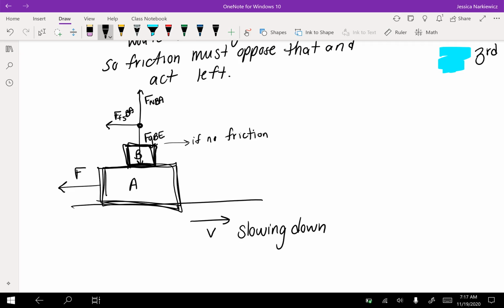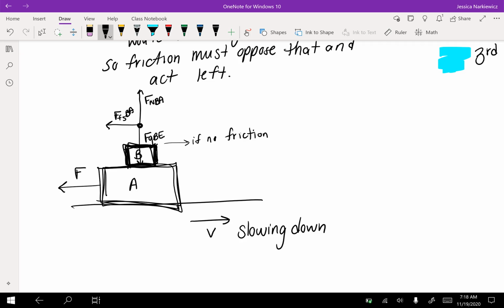Okay. So again, we're thinking about if there was no friction, how would the box slide? And because this box A, the whole system is slowing down, box B would appear to slide to the right. So to prevent that sliding, friction force needs to act to the left.